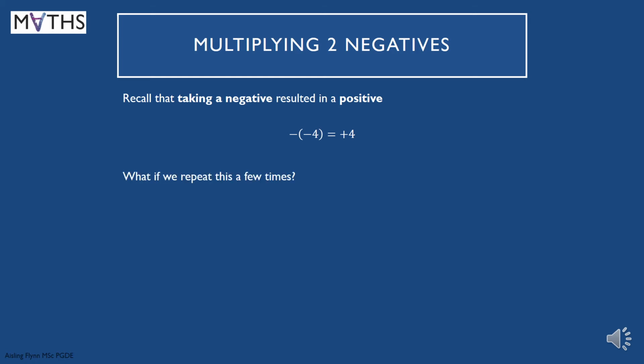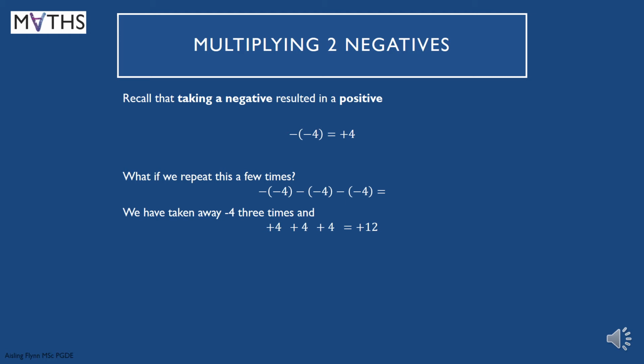Now what if we repeated that a few times? So we have minus minus 4, so take minus 4 once, take minus 4 twice, take minus 4 a third time.